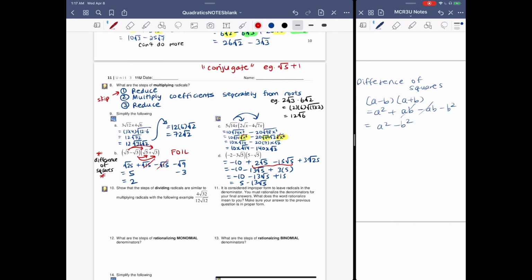The conjugate of that is square root 5, and you change the sign of the second term to the opposite one. So it's going to be square root 5 minus 1. So the conjugate of square root 5 plus 1 is square root 5 minus 1. So we need that for our side notes for the later steps.